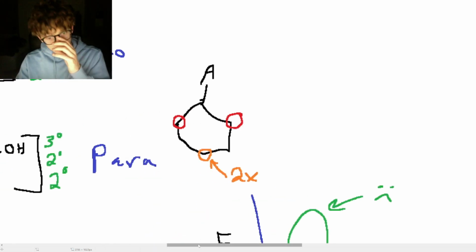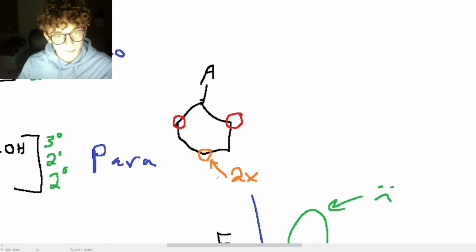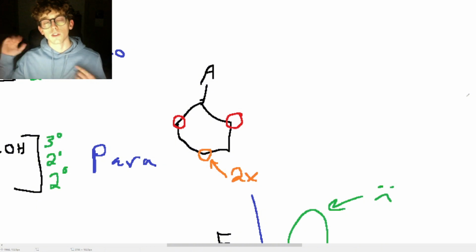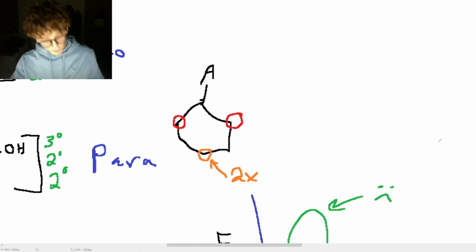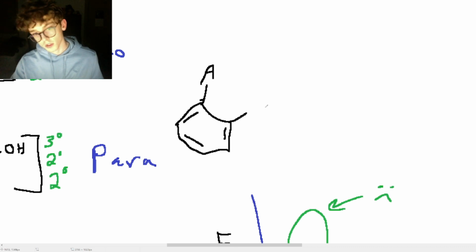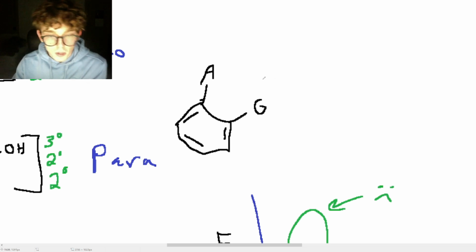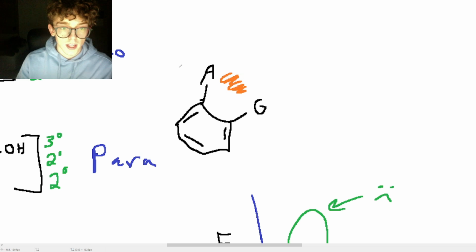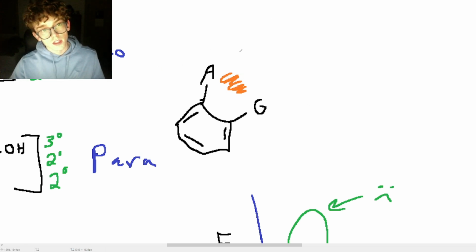Well, you need to take into consideration the concept of steric interactions. That raises the activation energy of the reaction. Let me go back here, and let me draw in my pi electrons. If I added a group here, so we'll just say G for group, there's going to be some steric interaction right there, and that's no good, right? That raises the activation energy to form it.